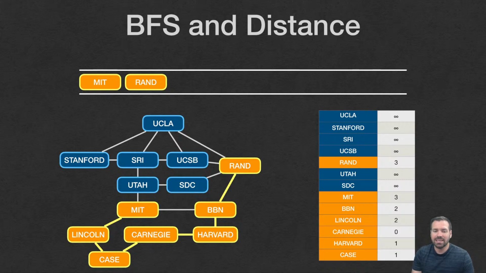That means MIT is not connected by an edge to any node of distance 0 or distance 1. So the best it can do is be connected to a node of distance 2 and have a distance of 3. If it had distance less than 3, we would have already discovered MIT when we dequeued the nodes of distance 0 and distance 1. So that's my kind of quick hand-wavy proof of why we're actually getting the correct distance numbers from BFS.